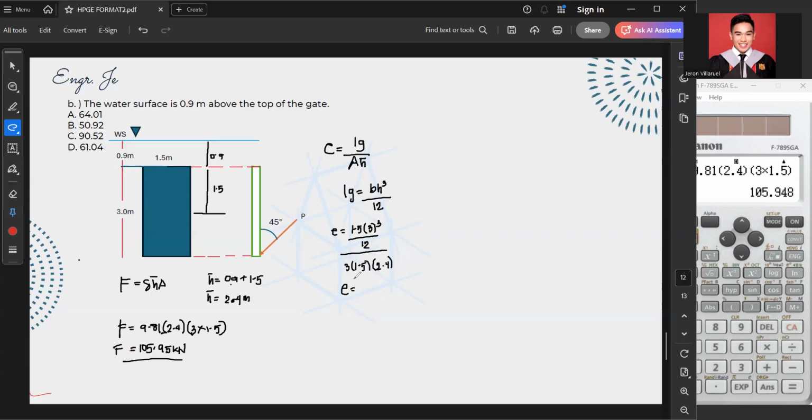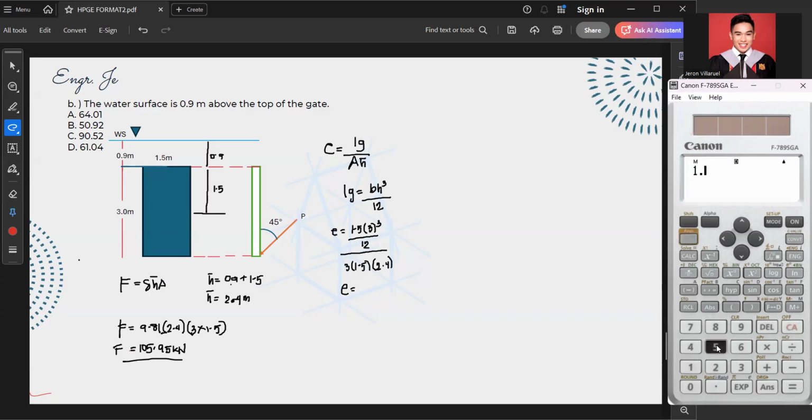So our eccentricity here is 1.5 times 3 cubed over 12 over 3 times 1.5 times 2.4. And that is 0.3125.